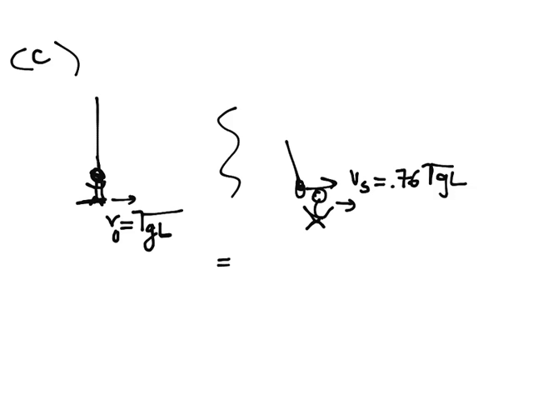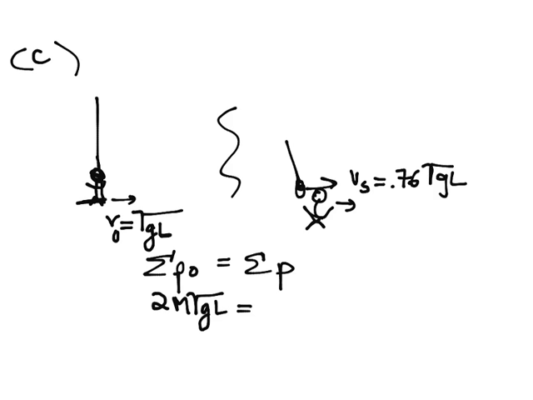Okay, so we're going to use conservation of momentum. We have sigma p naught equals sigma p. At the beginning, our person and our swing are moving together. Combined, they have a mass of 2m, and we're going to multiply that by their velocity, square root of gL.